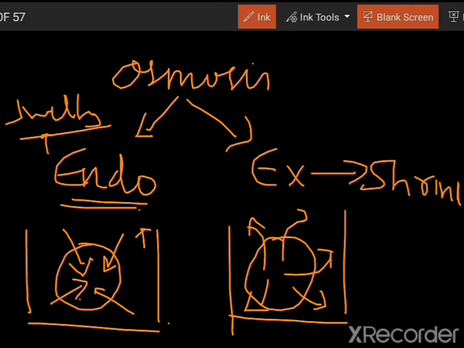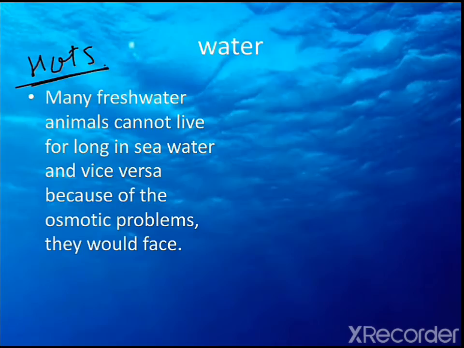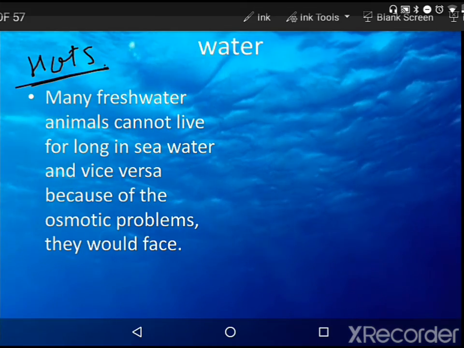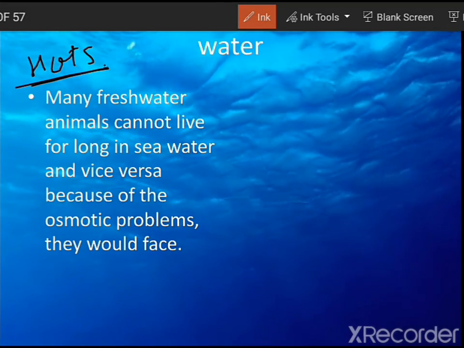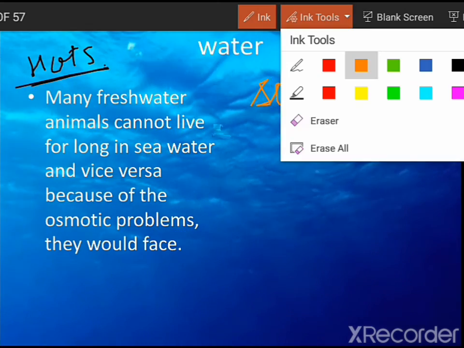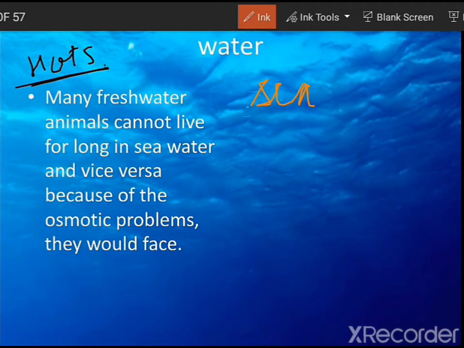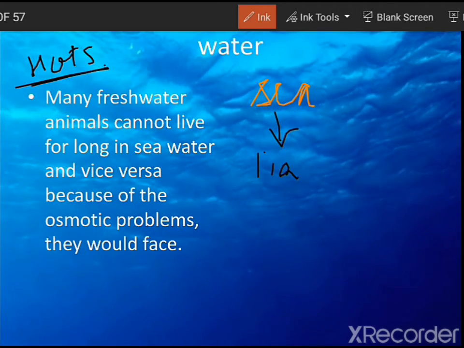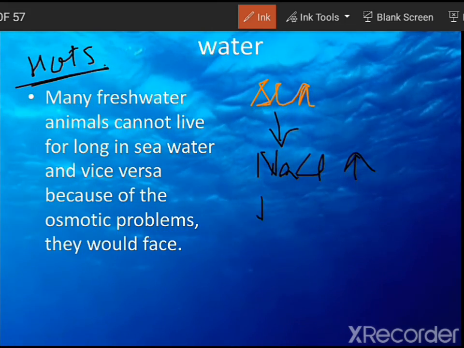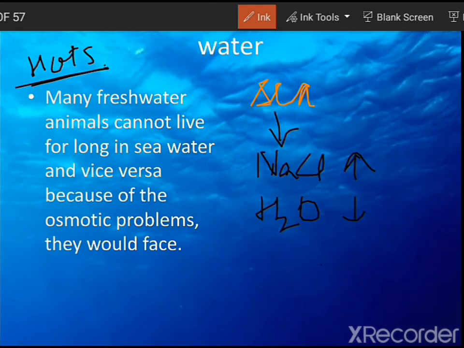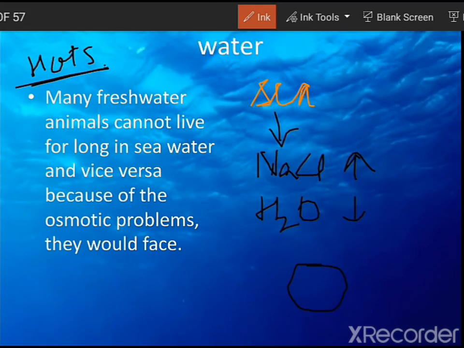So using this, let us understand the scenario in the case of freshwater and seawater organisms. In the sea, the concentration of the solute, or we can say the concentration of ions, say sodium chloride, is more, and water is going to be less. So what happens in the case of a fish that is present in the sea?